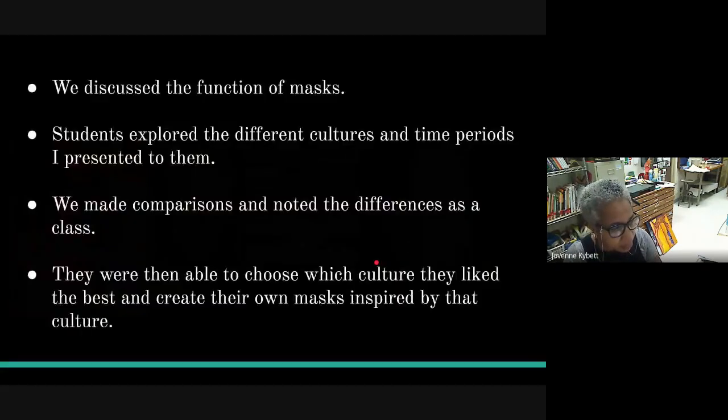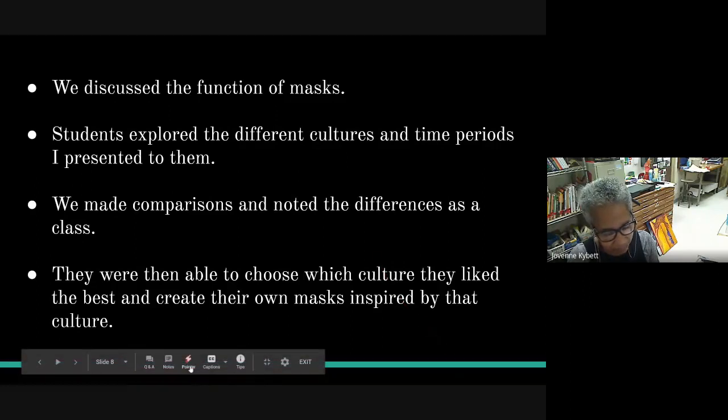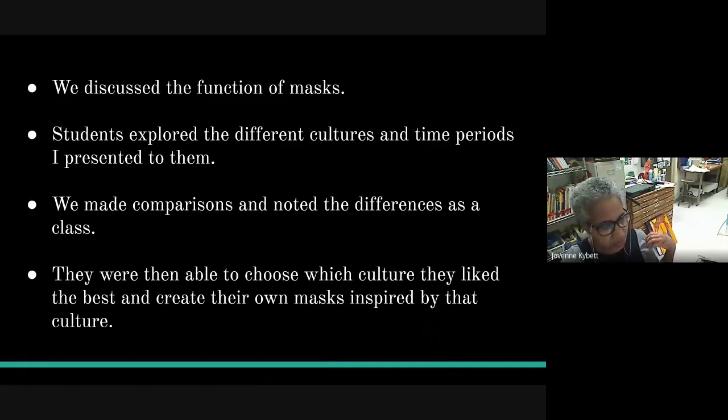Next slide. Right. So this is what I was telling you, that they were able to choose after we did our investigation. The kids were able to do a little bit more investigating on their own. So this is another way of bringing cultural understanding, is also allowing the kids different ways of learning.